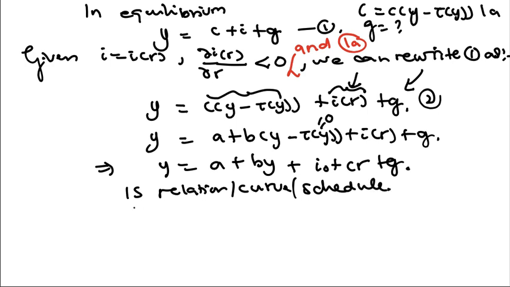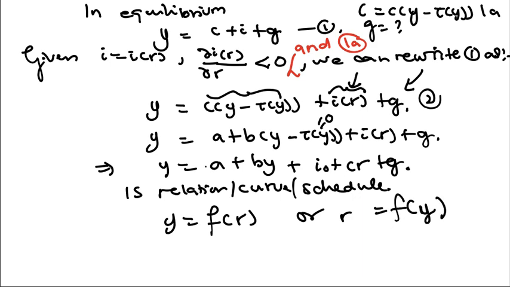Why? Because the IS relation shows you what? Y as a function of R or R as a function of Y. So you can rearrange this such that only Y is on the left hand side and the rest of the alphabet on the right hand side. That one is possible. Why?